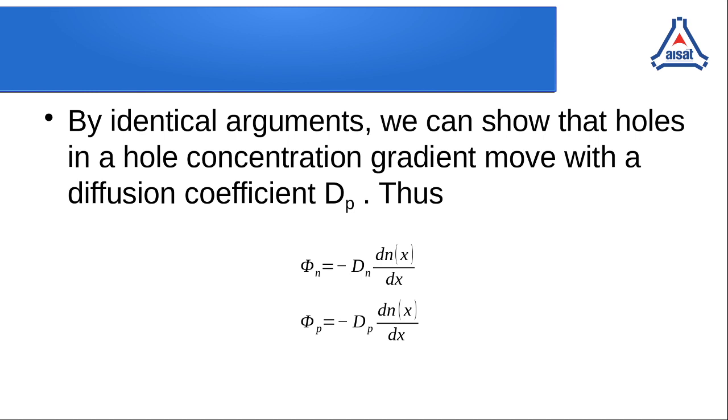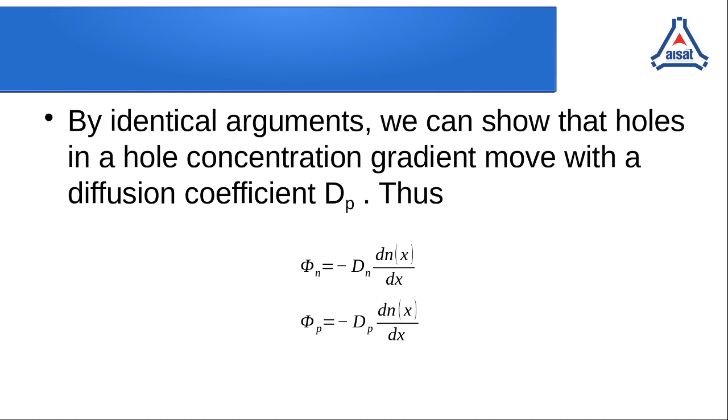Similarly, in case of holes, we could write the flux density of holes phi p is equal to minus Dp dp(x) by dx.